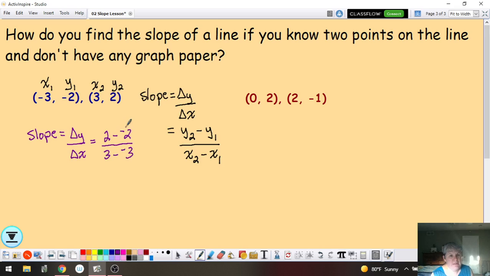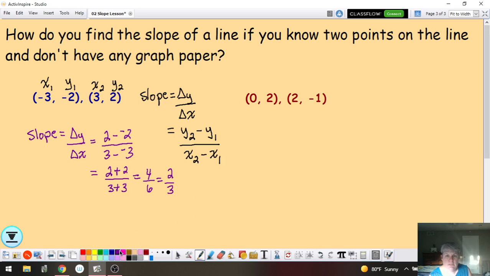If I have a subtract negative, subtracting a negative becomes a positive, so this will become 2 plus 2 over 3 plus 3, which is equal to 4 over 6. And we can simplify 4 over 6 because the value of 2 goes into both 4 and 6. 2 goes into 4 2 times, 2 goes into 6 3 times. So the slope of the line that passes through the points -3, -2, and 3, 2 is going to be 2 over 3.